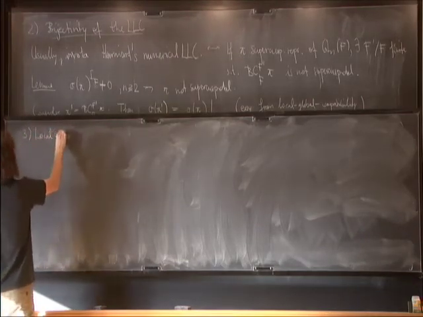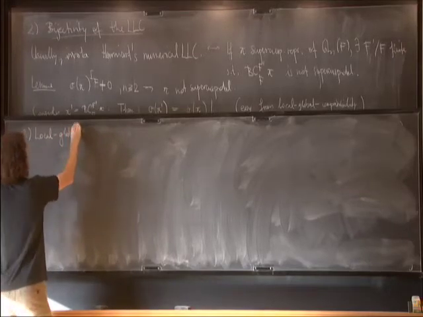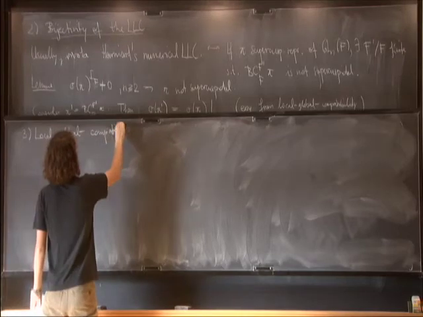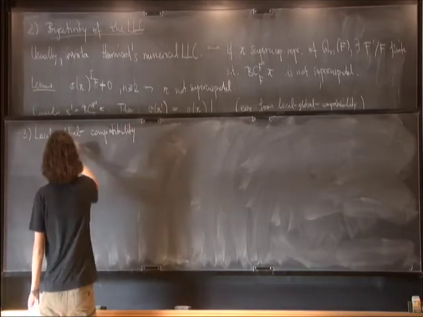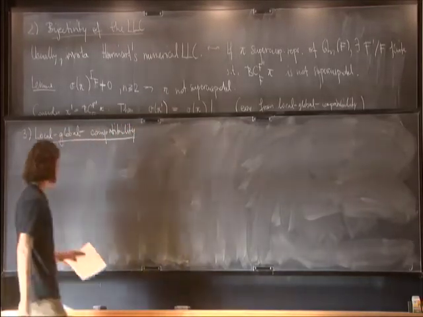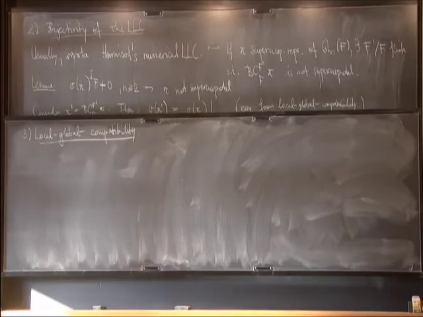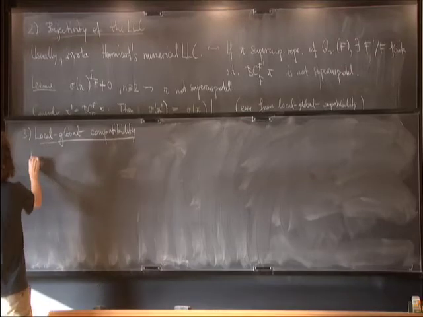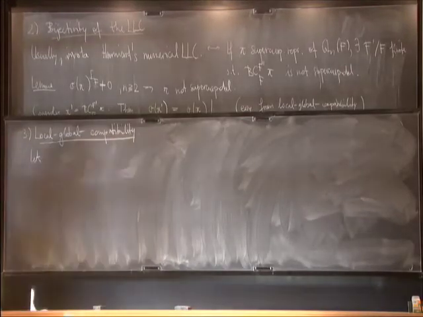And so now I come to the last part of my talk, which is on local-global compatibility. So the first part of the argument works in rather large generality, and I try to explain this now.